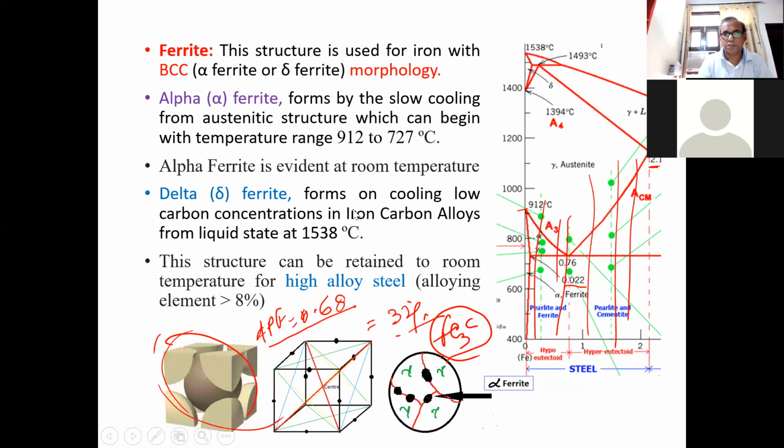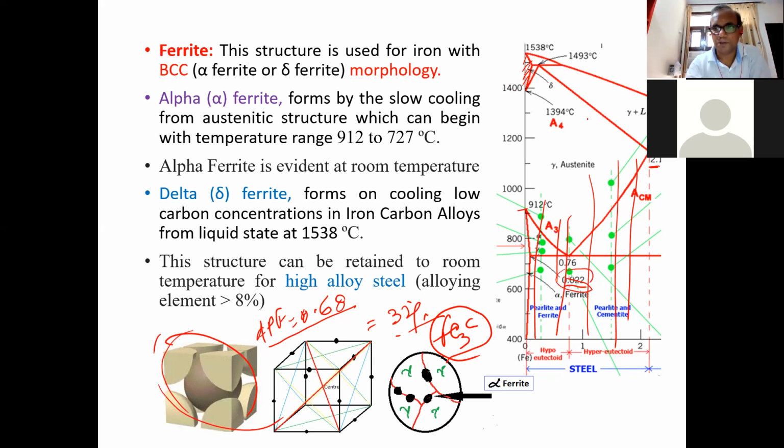Fe3C. Here what I was trying to tell you is that there are two structures, alpha ferrite and delta ferrite. Alpha ferrite is evident at room temperature, but delta ferrite is in the upper range, starting around 1538 degrees centigrade down to 1400 degrees centigrade, and the carbon percentage may vary a little bit more than 0.02%.